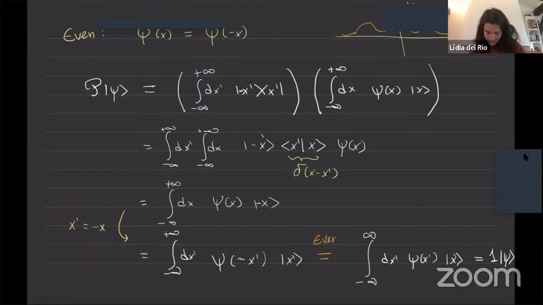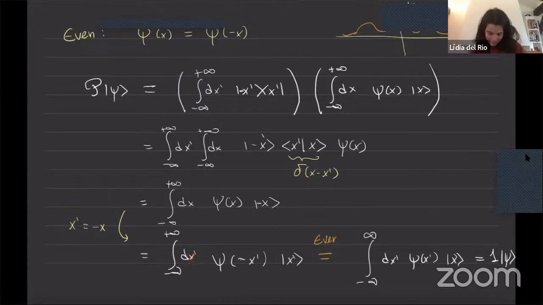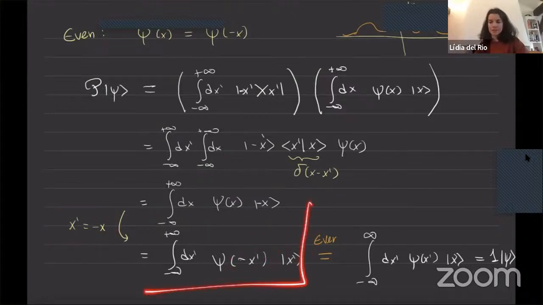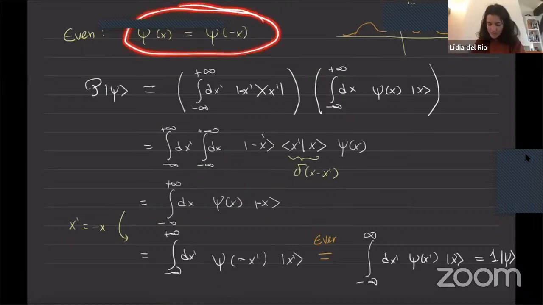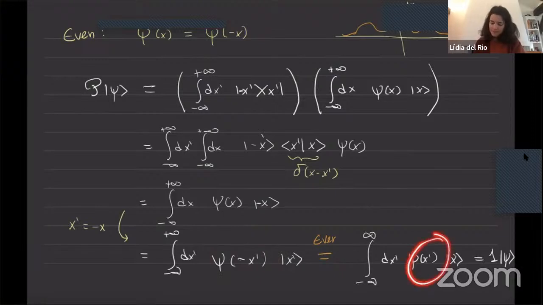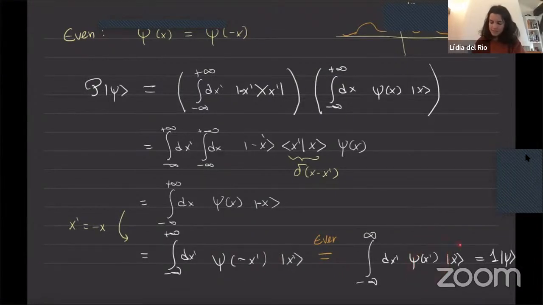So here you'd have to change the integration limits, but because they go from minus infinity to plus infinity, it's the same. x prime equals minus x, so here we get x prime, and here we get minus x prime, right? So up to here, it was completely general for any state, any wave function. And now we use the fact that it's even. So we have this condition, so we can just replace this with psi of x prime. Right? And now we get this, which is exactly the original state.